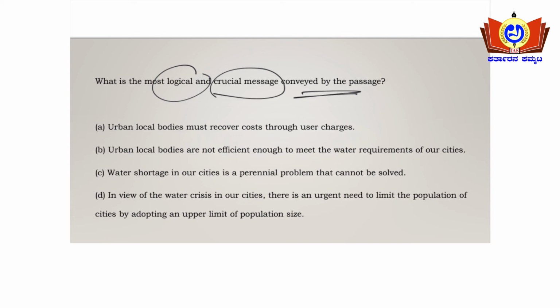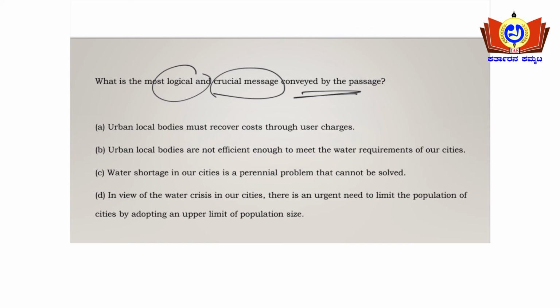Option 1, urban local bodies must recover cost through user charges. The passage is telling that urban local bodies must recover cost through user charges, and this can be the possible most logical and crucial message. We will explore the next option as well. Urban local bodies are not efficient enough to meet the water requirements of our cities.